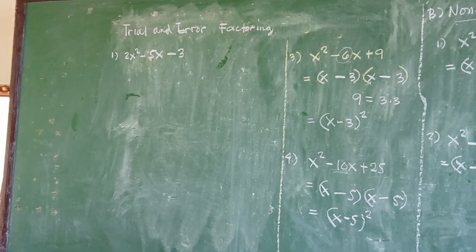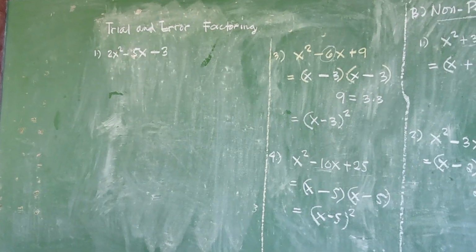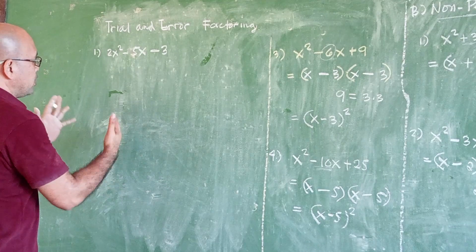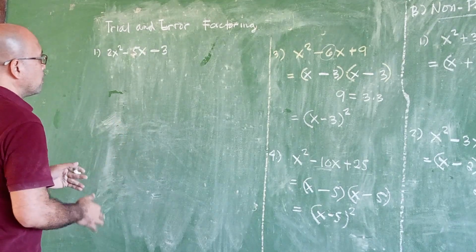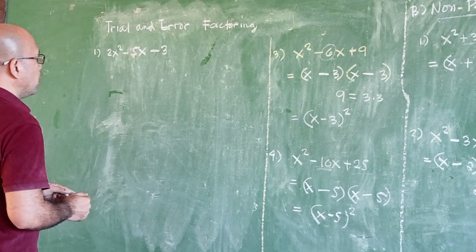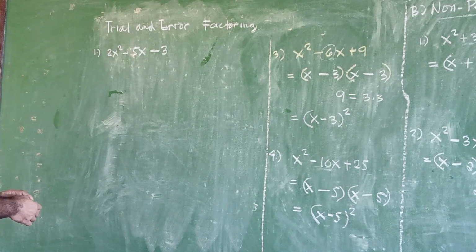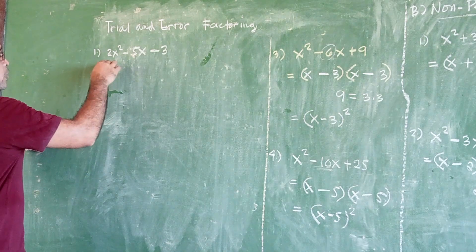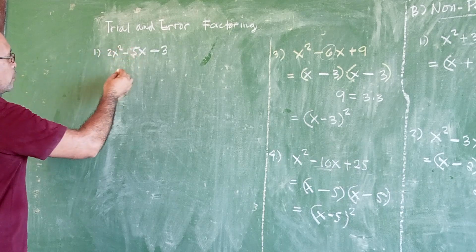Just try to see the techniques, class, because there are some techniques in our previous examples that can be used here, and try to observe, and later I'll be giving you the assignments, class, for you to practice what we have reviewed today. So that is why it is considered trial and error.